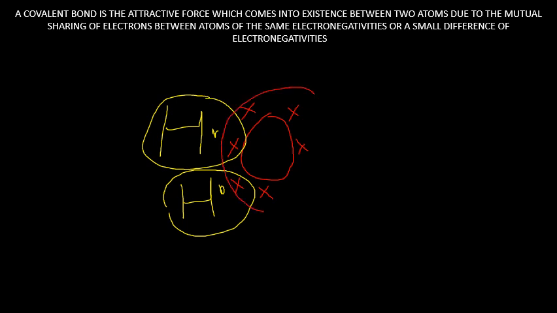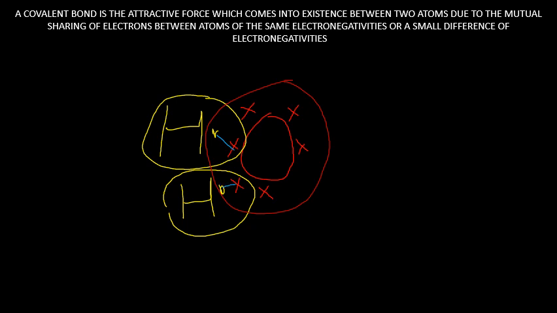Pardon my circles. Like this. So as we can see, it looks a little bit like a set. These two electrons and these two electrons are being shared.